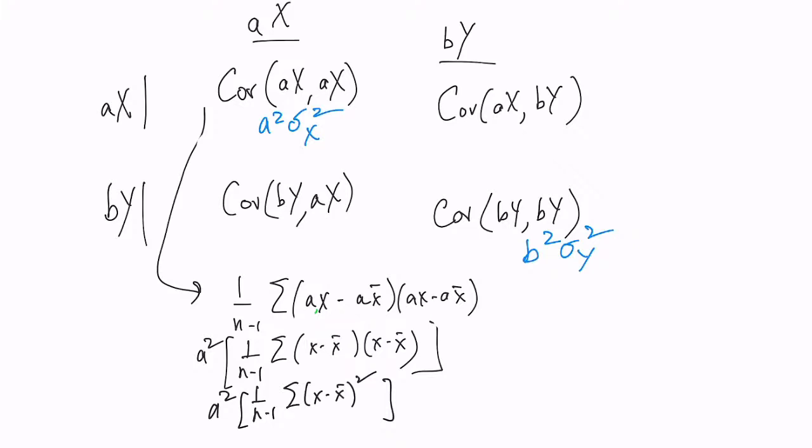So this A and the B would come out, and then you would have the covariance of x, y. That's how you would write it.